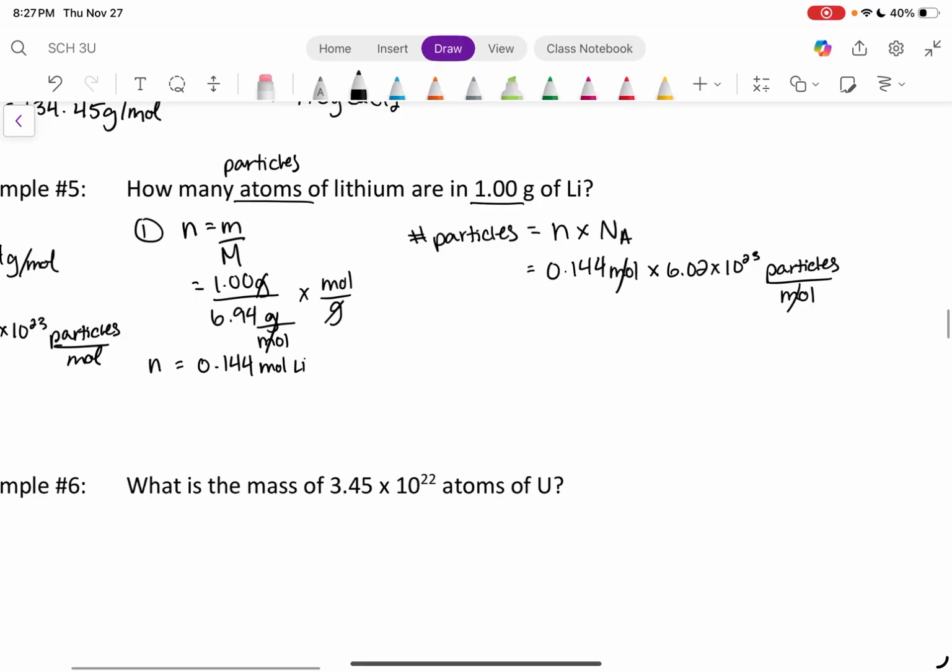My moles cancel out, and I am left with 8.67 times 10 to the 22 particles of lithium. Remember, I do not express my final answer as particles since it's a lone element. I'm going to express it as 8.67 times 10 to the 22 atoms of lithium.